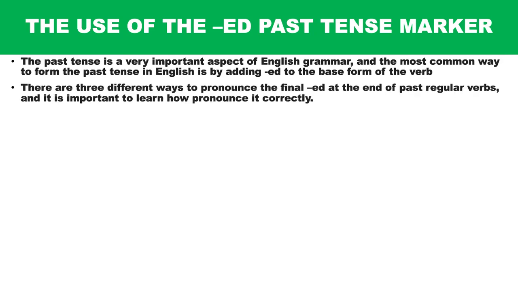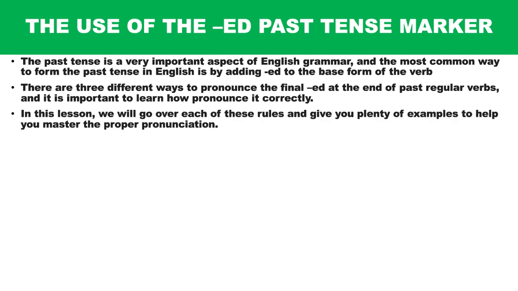There are 3 different ways to pronounce the final ed at the end of past regular verbs, and it is important to learn how to pronounce it correctly. That's the focus of this lesson. So in this lesson, we will go over each of these rules and give you plenty of examples to help you master the proper pronunciation.